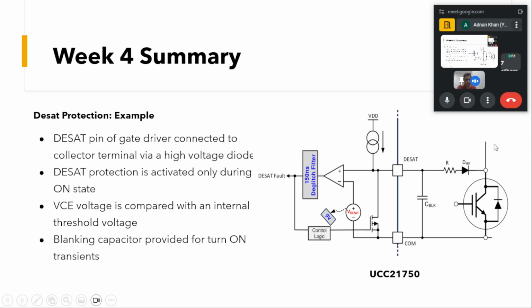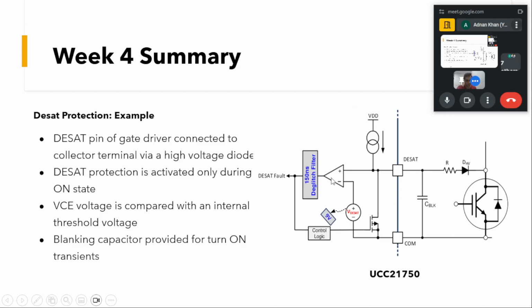But what will happen if suddenly our current through this collector increases? When this current increases by a large amount, the voltage drop across this VCE will increase. As soon as this voltage drop increases beyond the threshold, our DSAT protection will get triggered.